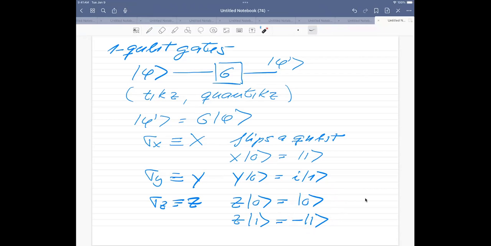And that's very important because we will use these two states very often, or tensor products of these, as our computational basis. So we are going to rewrite many of the Hamiltonians in terms of z gates.